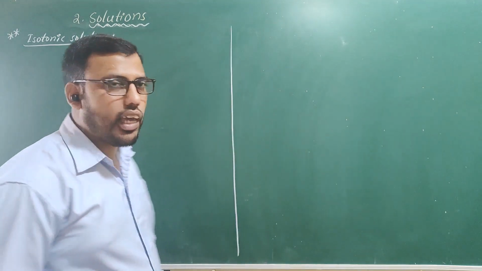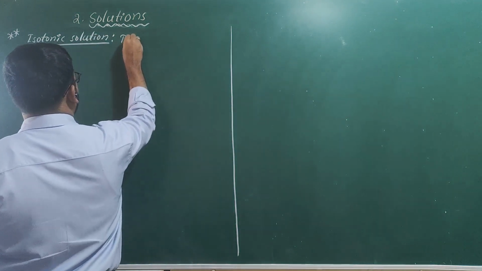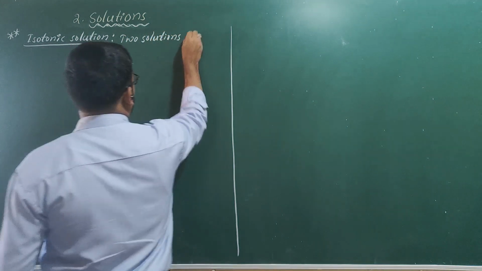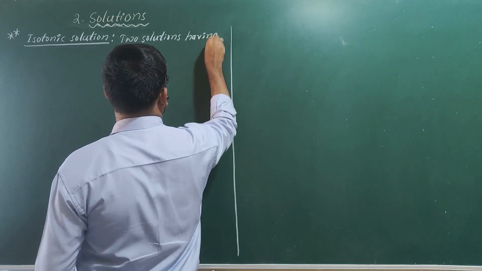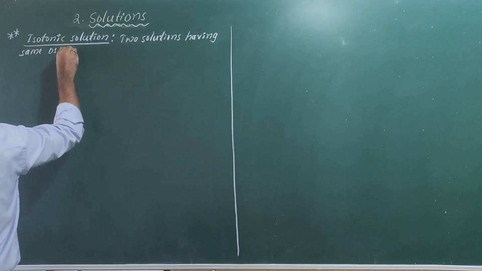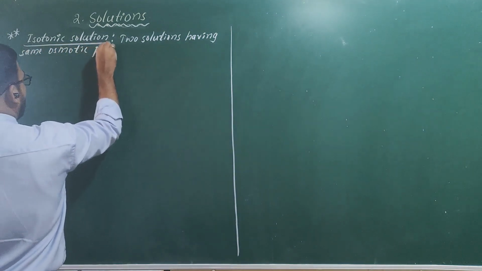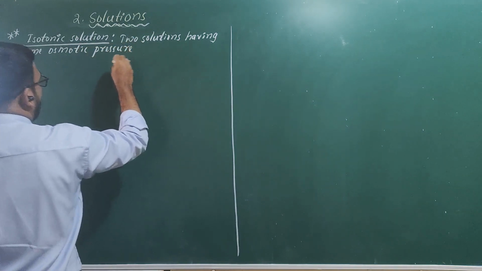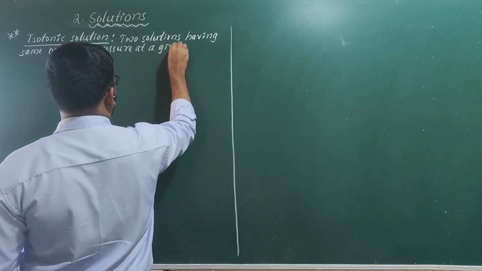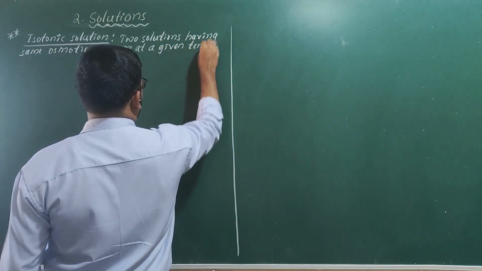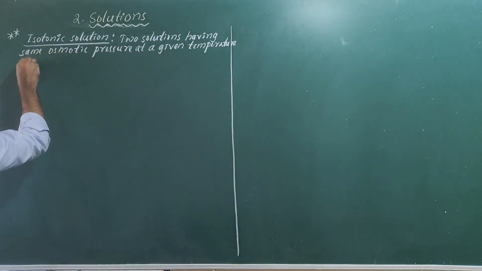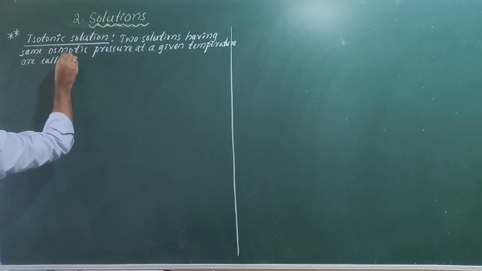So two solutions having the same osmotic pressure at a given temperature are called isotonic solutions.